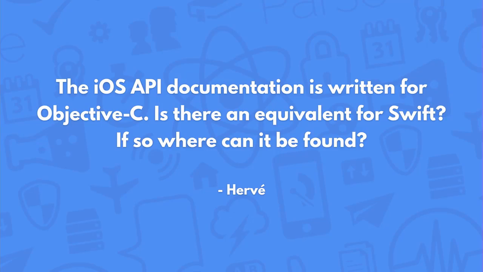The iOS API documentation is written for Objective-C. Is there an equivalent for Swift, and if so, where can it be found? Okay, so the API reference, no. The reason is that this is auto-generated from the source code, and the Parse SDK is currently written in Objective-C. We can't really do that in Swift.